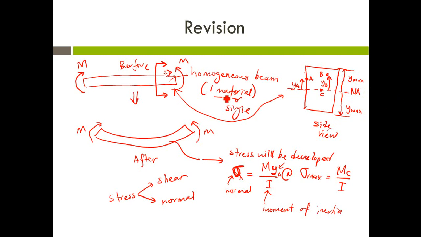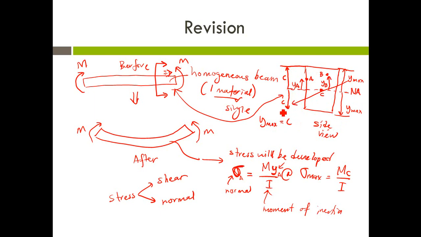So we can write sigma max is equal to Mc over I, because y max is equal to c. c is measured from the neutral axis to the top surface, or from the neutral axis to the bottom surface.